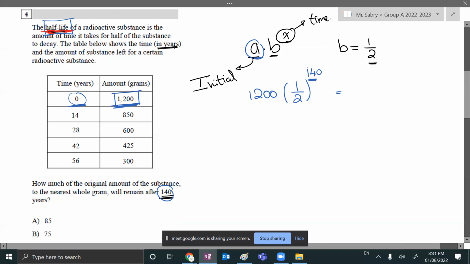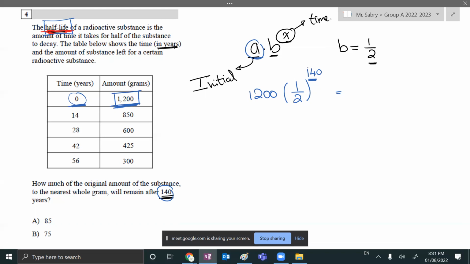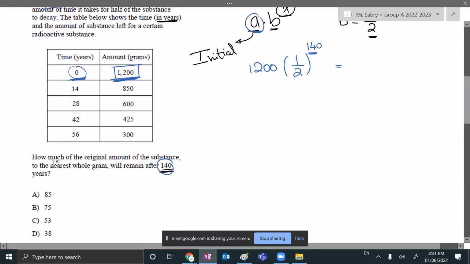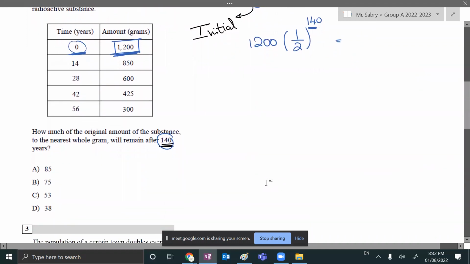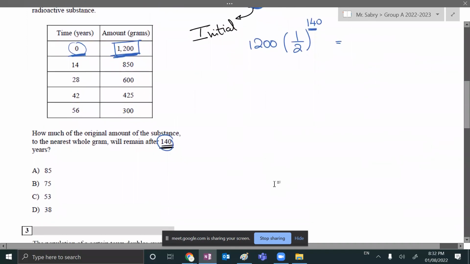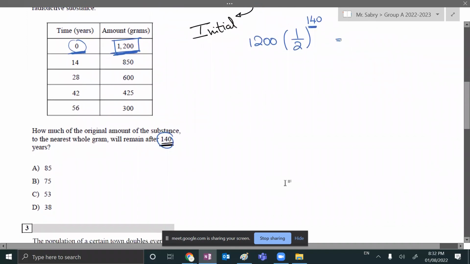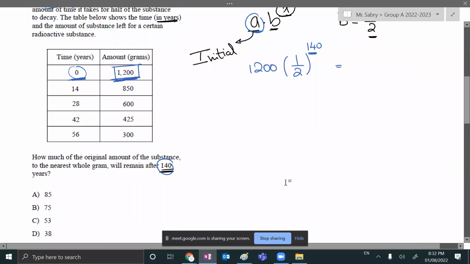I'm sorry. Wait. 140. It should come out as 8.6 to the nearest whole gram. No, guys, this isn't right. So 140 is equal to 5. What does that mean? We need to subtract it.